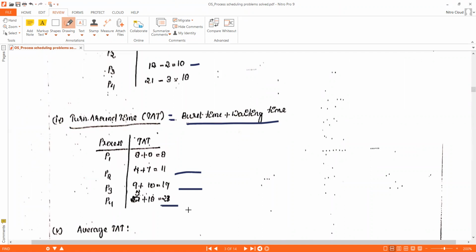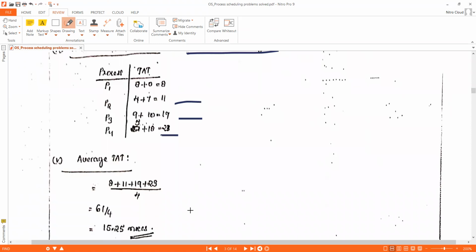Okay, after finding the turnaround time, we need to find the average turnaround time. Average turnaround time formula is sum of all the processes turnaround time divided by total number of processes. Okay, turnaround time for the process 1 is 8 plus turnaround time for the process 2 is 11 plus process 3's turnaround time is 19 plus process 4's turnaround time is 23 divided by total number of processes.